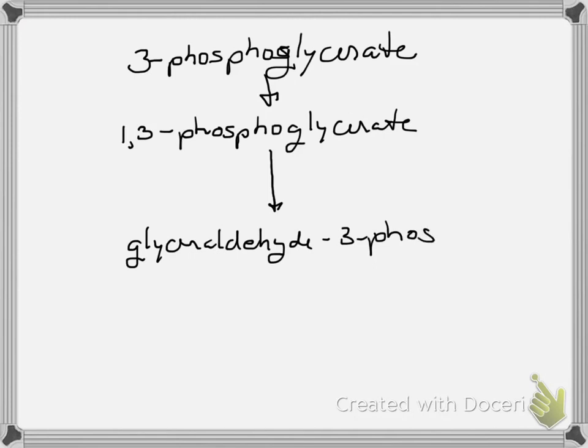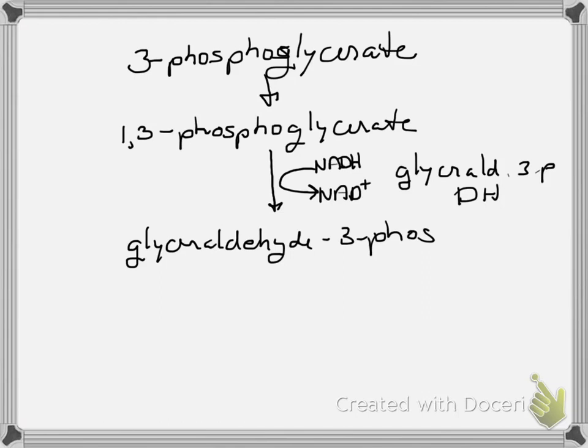And this is done by the glyceraldehyde 3-phosphate dehydrogenase enzyme. Now, of course, we're going backwards in this reaction, so we're not generating NADH, but in fact, we are using NADH, converting that into NAD.